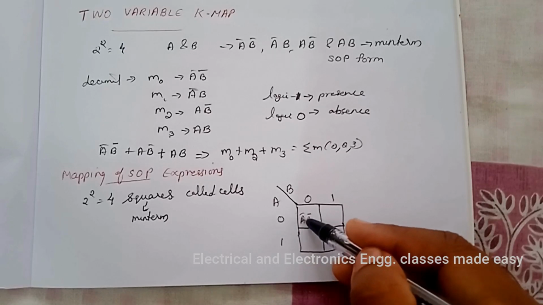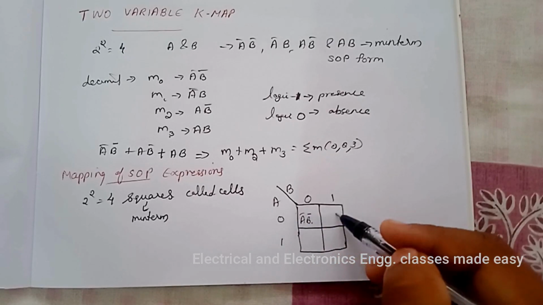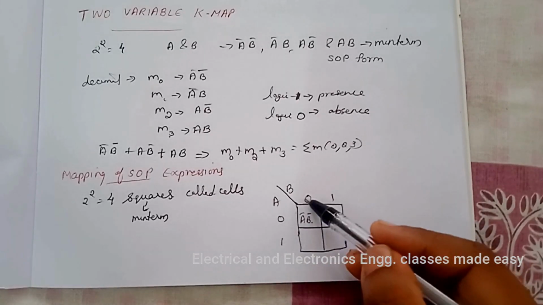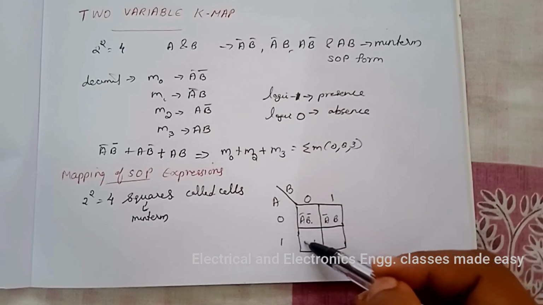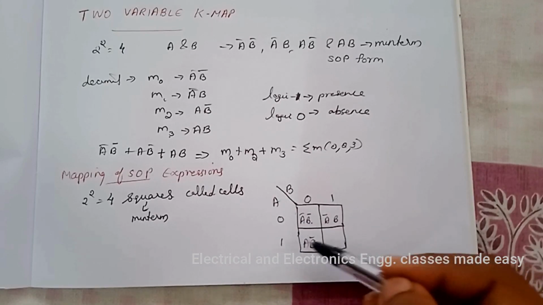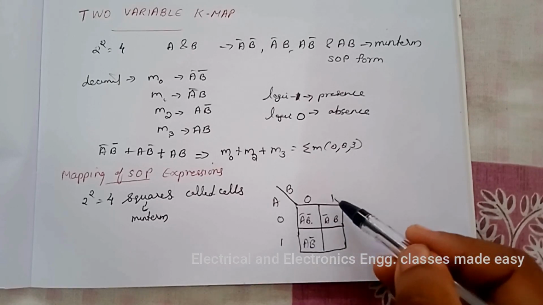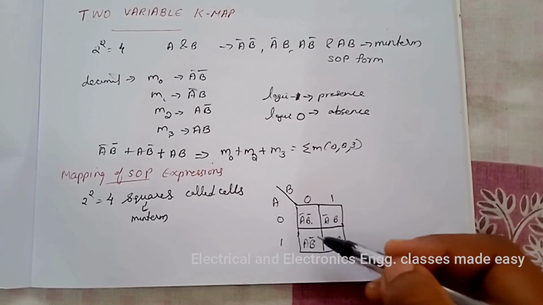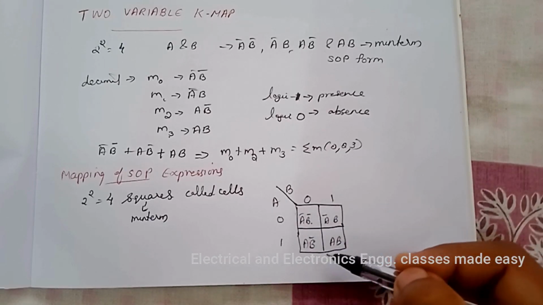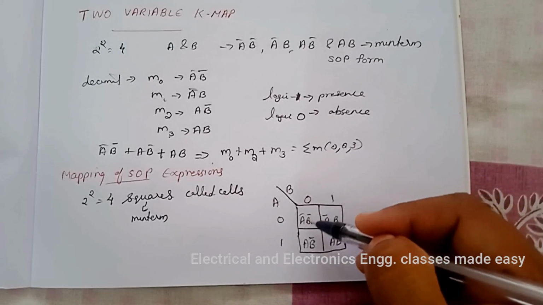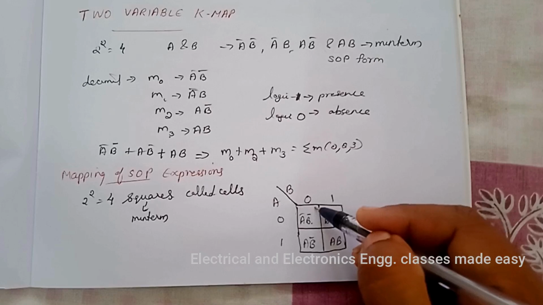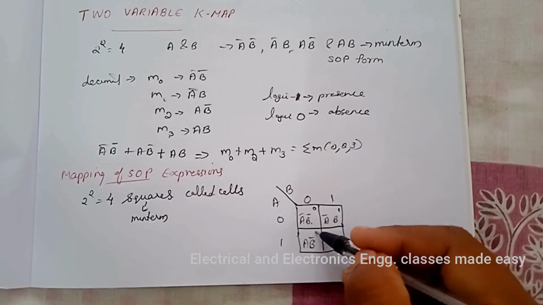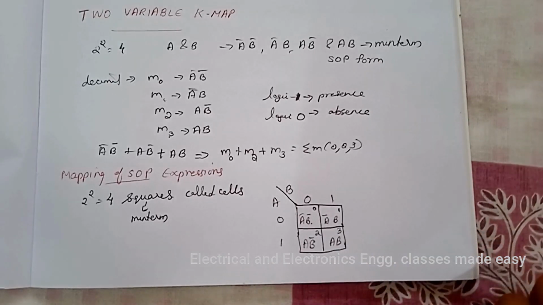So we can write A bar B bar, 0 1, that is A bar B, and 1 0, that is A B bar, and this cell is 1 1, that is A B. In this way we are representing the two variable Kmap, and this cell represents the decimal number 0, and this is 1, this is 2, and this is 3.